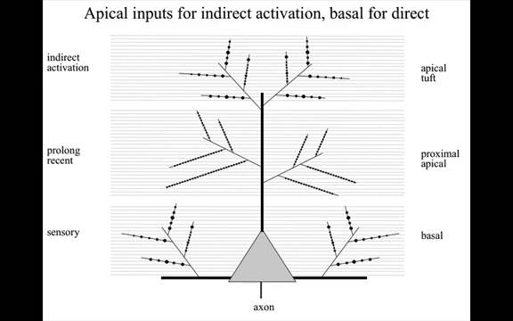Anatomically, in the cortex, basal dendrites tend to be confined to one or a small number of layers, while the trunk of the apical dendrite extends through multiple layers. The axons from one source area tend to be confined to one or a limited number of layers.